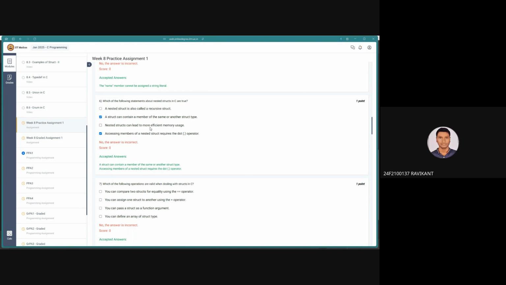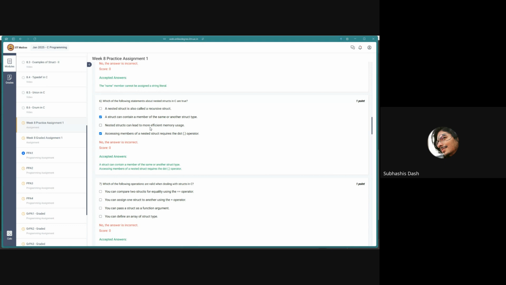Okay, Bhaiya. And one more doubt: how do we compare two structures? Generally, if we compare two integers, then we use the double equal to operator. Okay, see, there's not really a situation where we would compare.